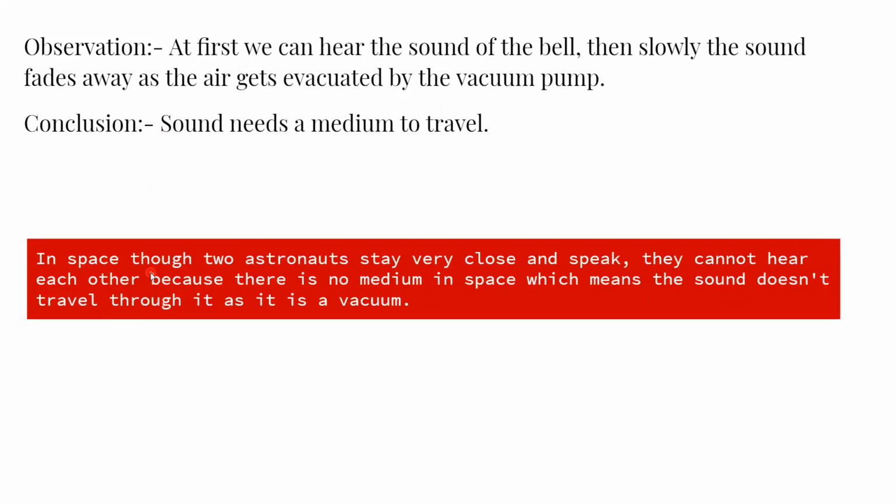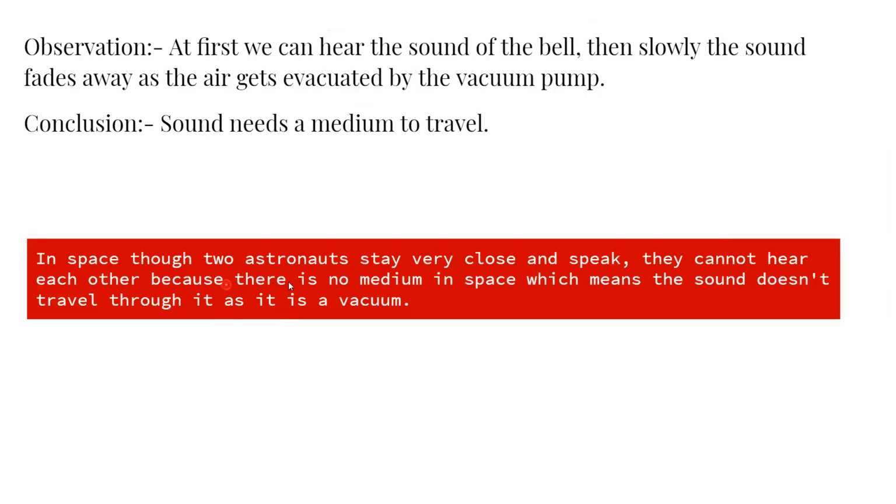In space, though two astronauts stay very close and speak, they cannot hear each other because there is no medium in space, which means the sound doesn't travel through it as it is a vacuum.